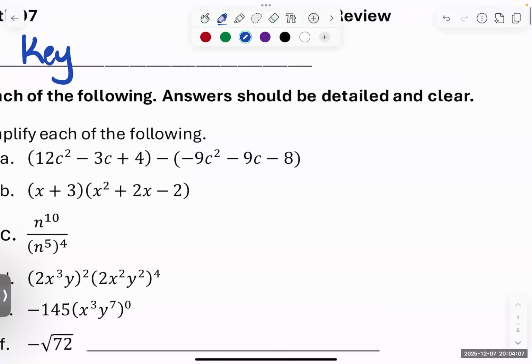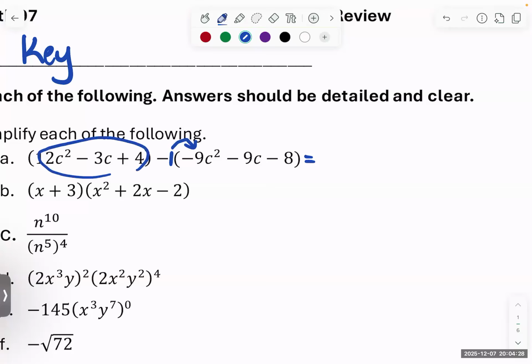Well, first of all, this negative here is what trips a lot of people up. So you want to think of this as -1 times the quantity -9c squared minus 9c minus 8. And we're going to distribute that -1. Everything here doesn't need to be in parentheses, so I'm just going to rewrite everything without the parentheses.